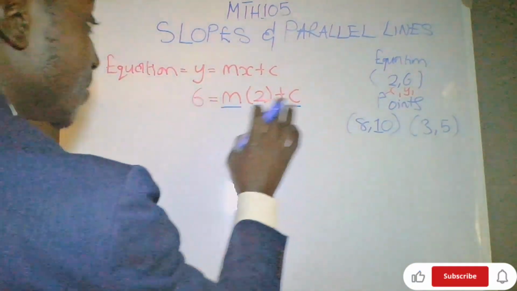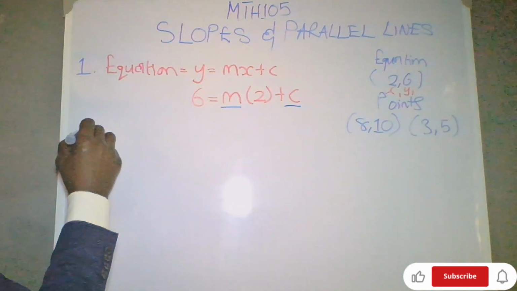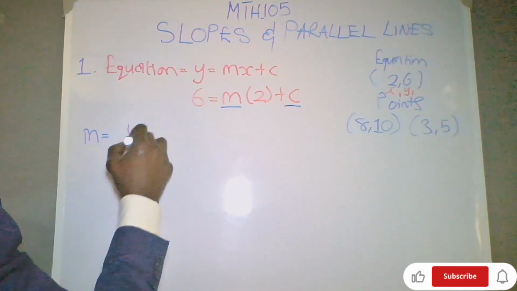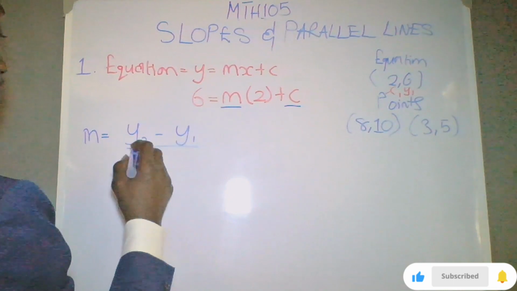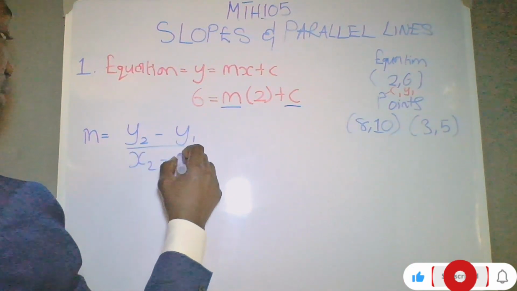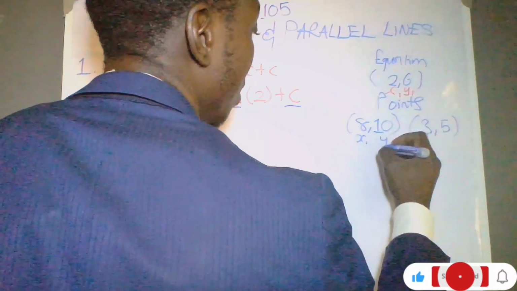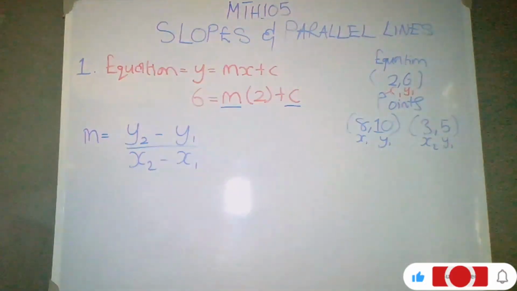To get our m and our c, we come to the point where we say m equals y2 minus y1 over x2 minus x1. So here is our x1, y1, x2, y2.